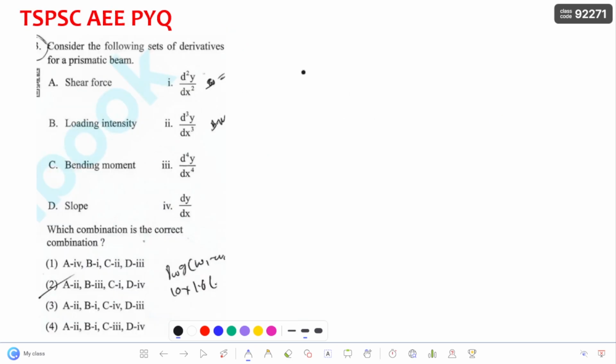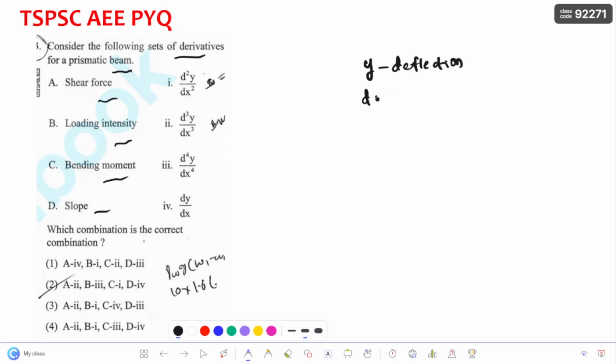Okay. Consider the following sets of derivatives for a prismatic beam, and derivatives of different components like shear force, loading intensity, bending moment, slope are given below. Okay, let us go in order. You know that y is the deflection.